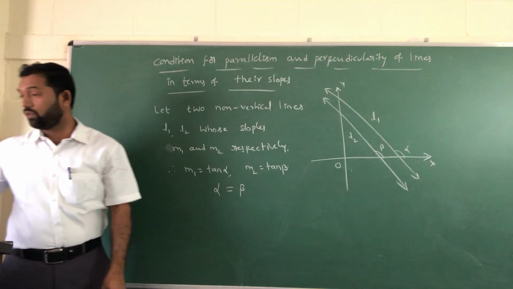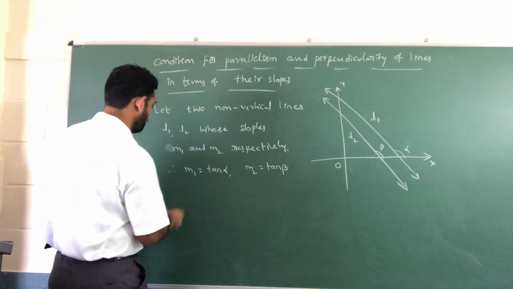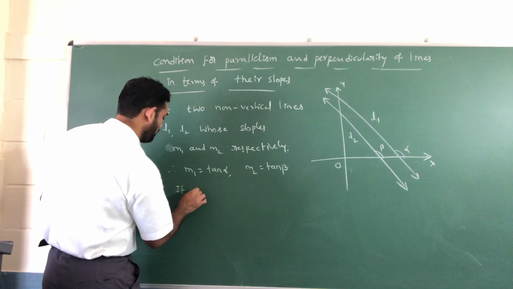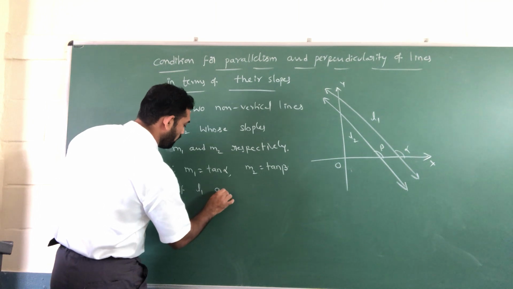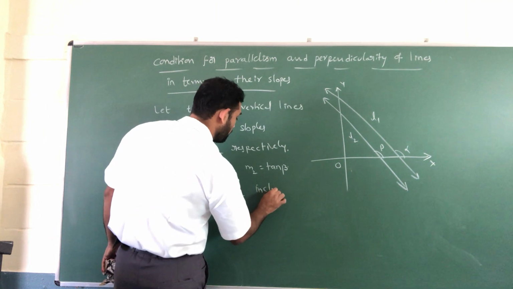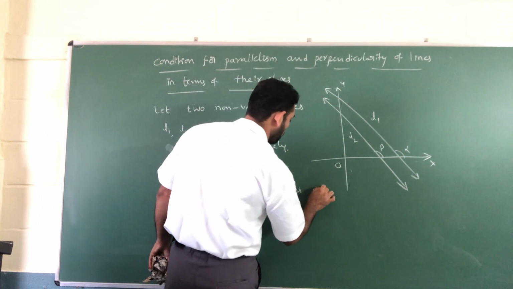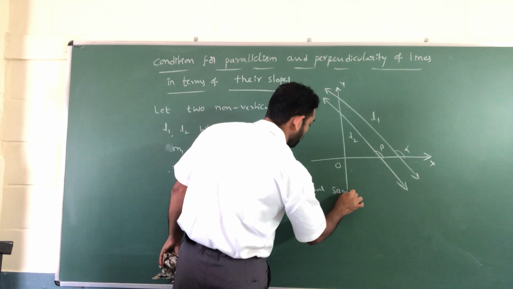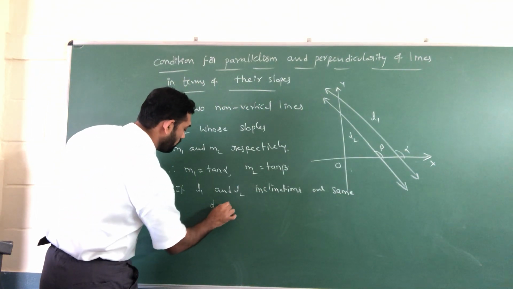If the inclinations of L1 and L2 are same, inclinations meaning alpha and beta, then alpha is equal to beta.